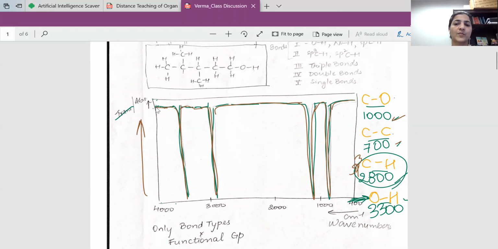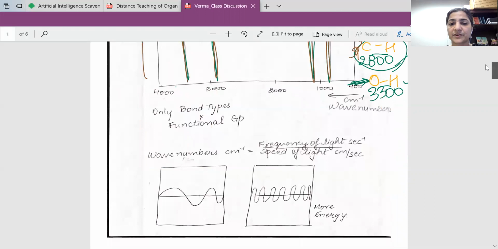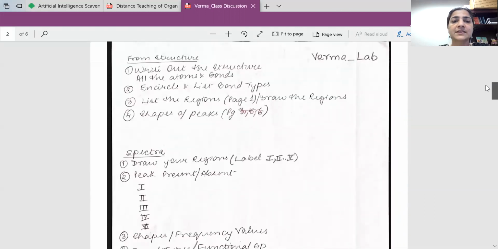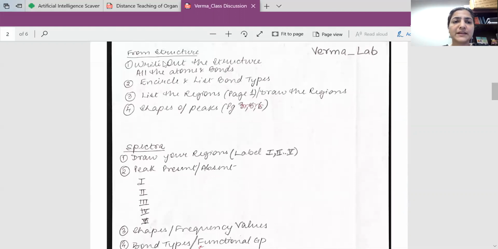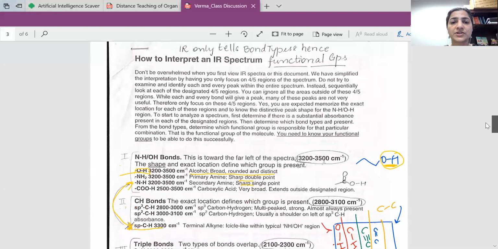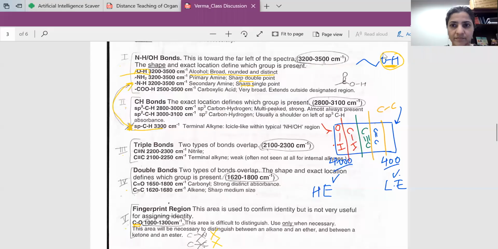This is how and why we see the IR spectra. In here, I have listed all the sequences that you will need for solving your IR problems from structure and from spectra. We will now discuss how to use our IR packet for interpretation of the IR frequencies.